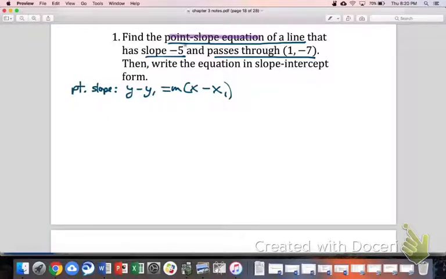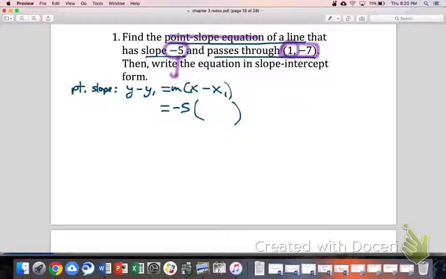First of all, we see that the line we're dealing with has a slope of -5, so I'm going to go ahead and drop that in right there in place of the m. So it's going to be equals -5. And then I need to fill in for the x1 and the y1. So x1 comma y1 is simply a point that is on the line, and that, of course, would be this 1, -7.